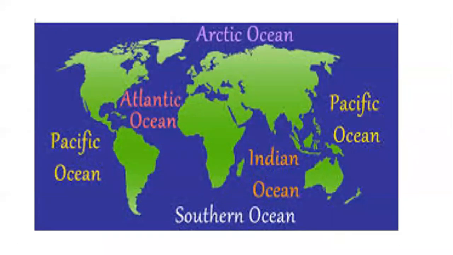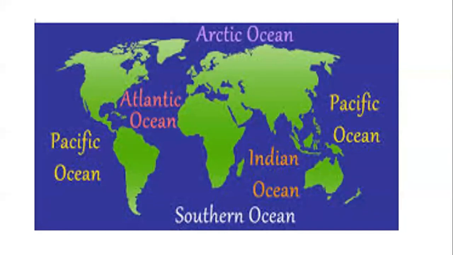Okay, this slide is showing 5 oceans. So in this map, you can see 5 oceans. All this bluish area is showing water. As we all know, this world is divided into 2 things: number 1, water and land.